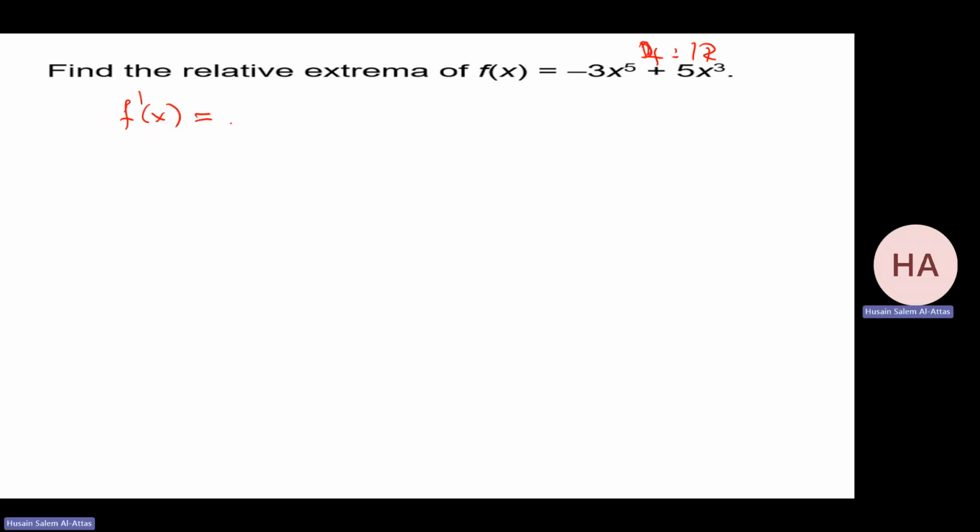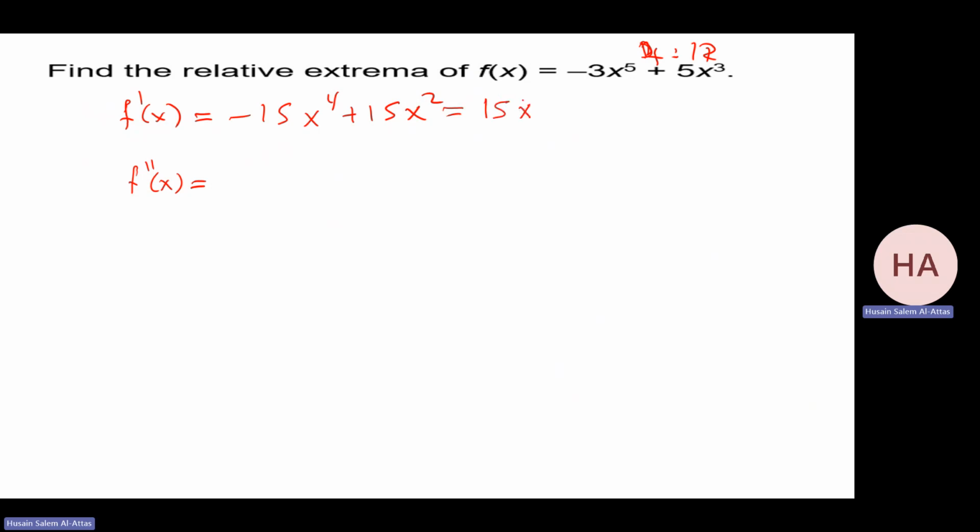So f prime will be what? Minus 15x to the power 4 plus 15x squared. Okay. And f double prime. No, this one is what? I can simplify it.